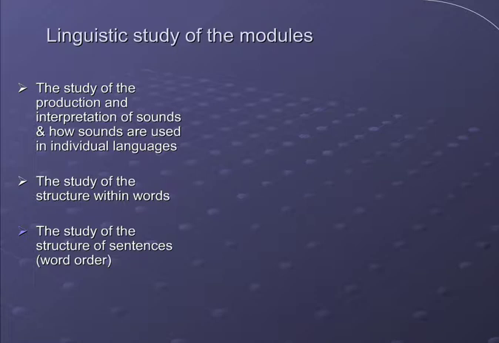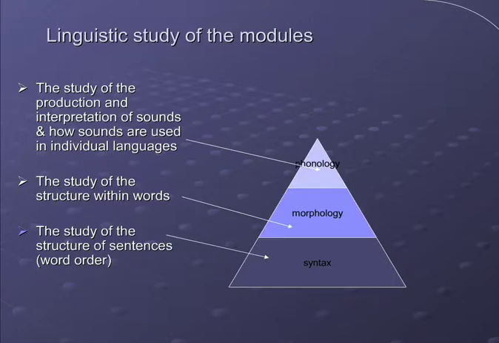We also look at the study of the structure within words and the study of the structure of sentences. That's the word order. So these are the core elements. And in turn, they belong to these areas which we've looked at: phonology, morphology, and syntax.